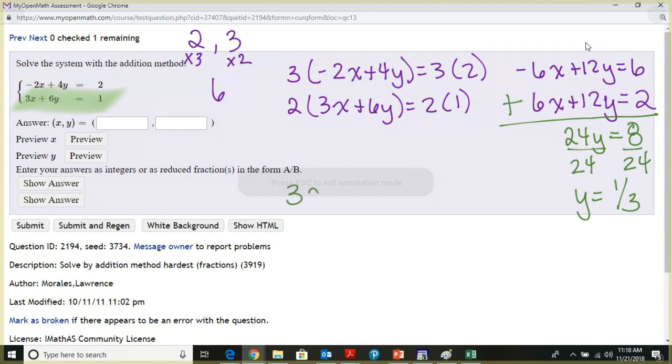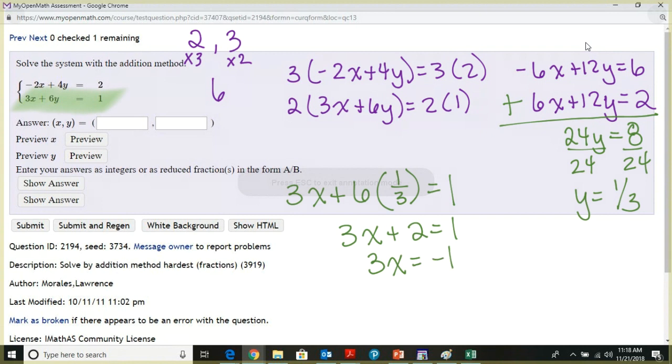So we're going to have 3x plus 6 times 1/3 equals 1. So that means that 3x plus 2 is equal to 1. So subtract 2 from both sides, and then we'll divide by 3, and we have our point. So negative 1/3, positive 1/3.